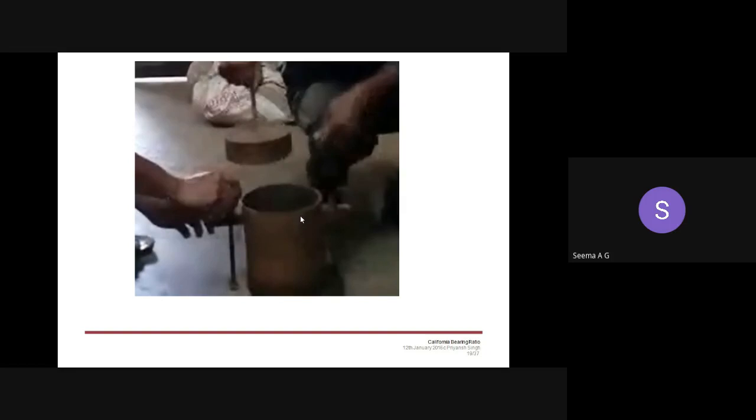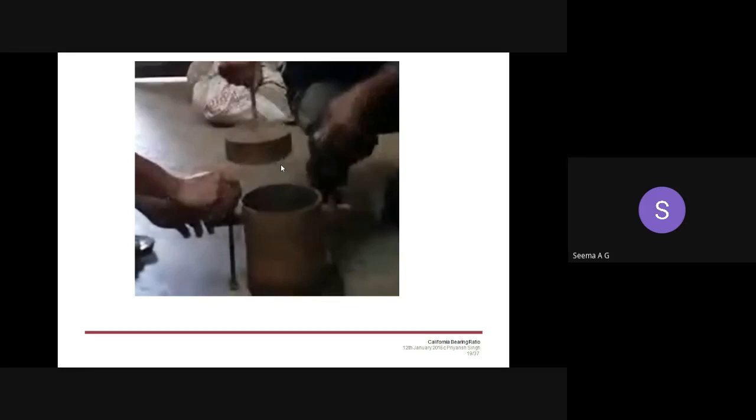The preparation of soil sample mainly consists of three things we have to take care of. First one is the sample, second one is the compaction, and third one is the soaking condition. For the soil sample, you can take the disturbed soil, mix it with water, fill it, and compact it to the required density.